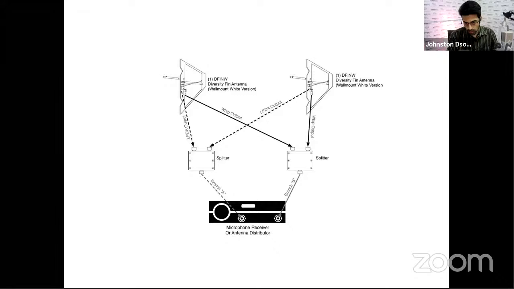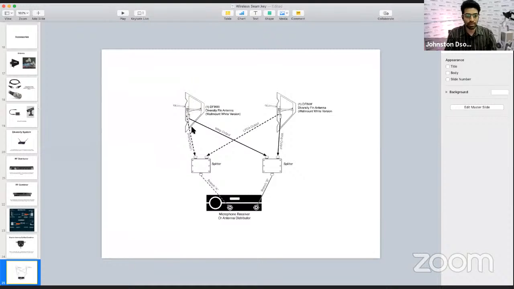Then what they're doing is they're using 2 splitters. Let us assume that the antenna on the right hand side is antenna A and the antenna on the left hand side is antenna B. All right, let me take out the screen share. So for example, this here is antenna B, and this, let us assume, is antenna A. Now antenna A has 2 outputs because they're both diversity antennas.